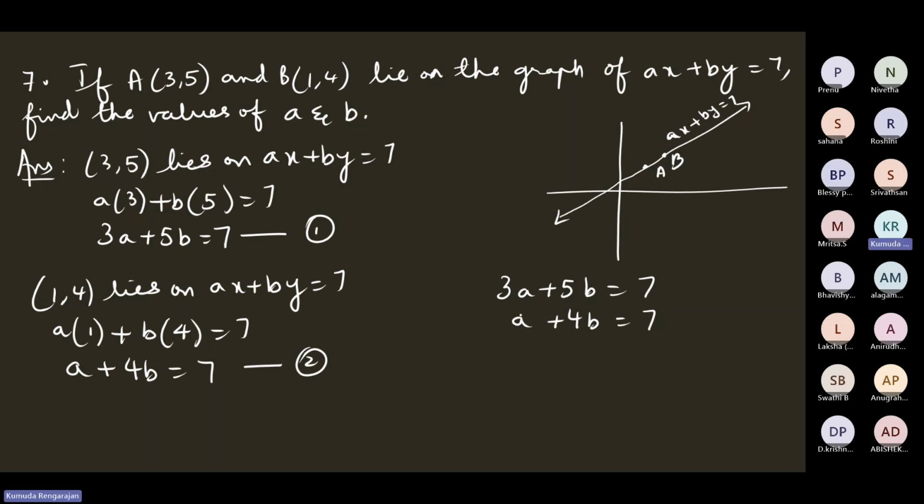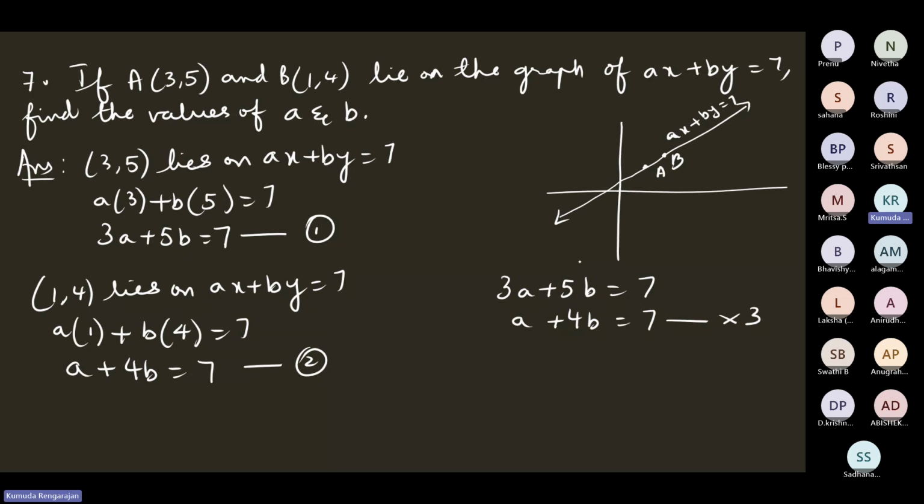You must make the coefficients equal. That is, the coefficient of a must be equal or b must be equal. So what you can do is you can multiply the second equation by 3, so that it becomes 3a. Now, when you multiply the equation throughout by 3, that is, you multiply the LHS by 3 and RHS by 3, you're not changing the value of the equation because you're multiplying both the left-hand side and the right-hand side by 3.